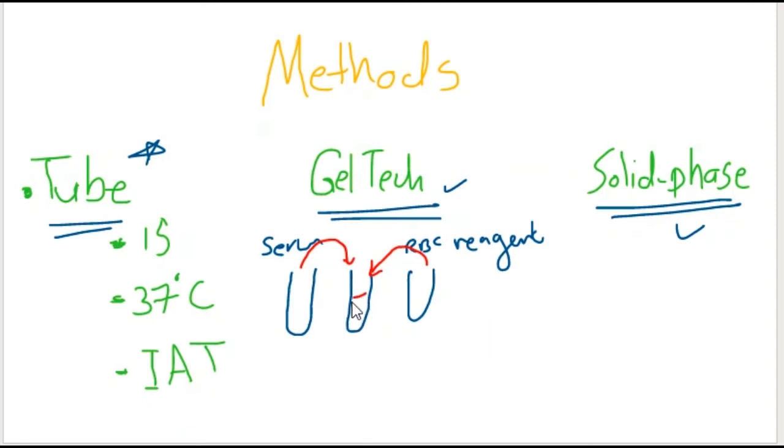So we mix them together first. We can do 3 phases when we do the tube test. First, the immediate spin phase, where we just add the serum sample, then add some of the red blood cell reagent, then centrifuge them, then record the result immediately. We call this phase the immediate spin phase.